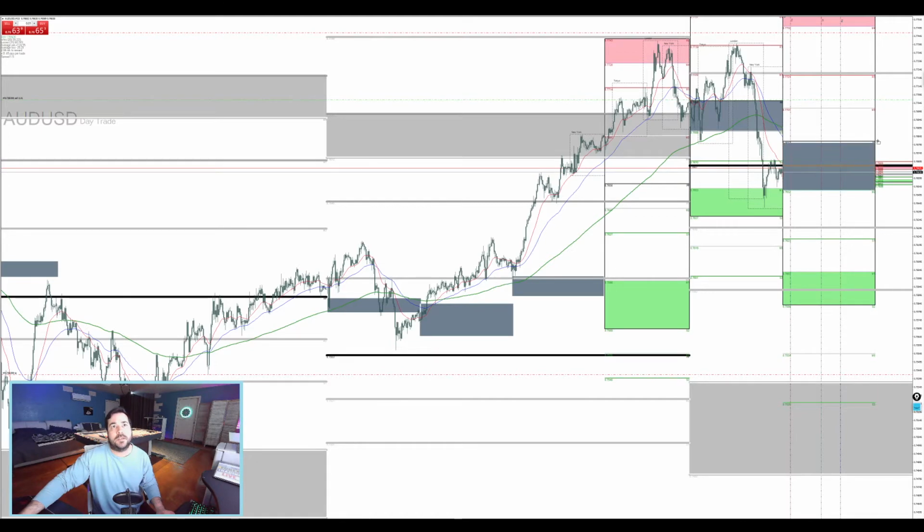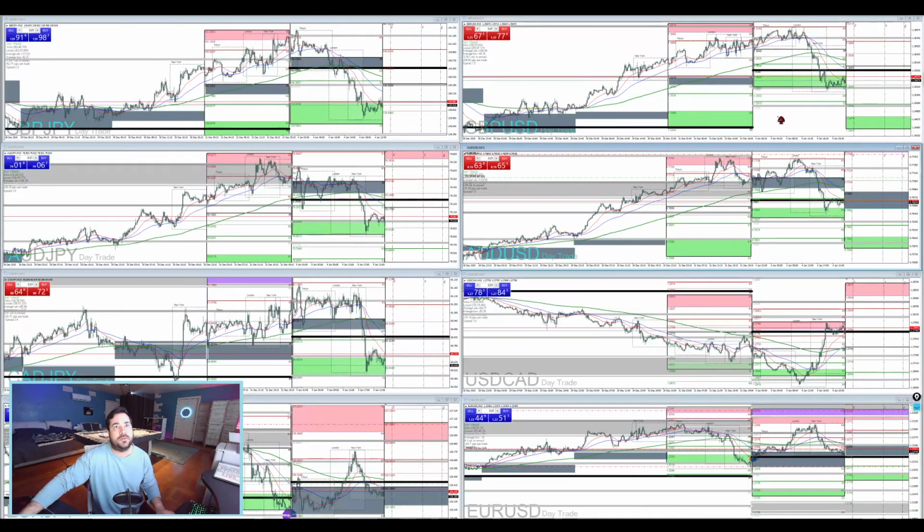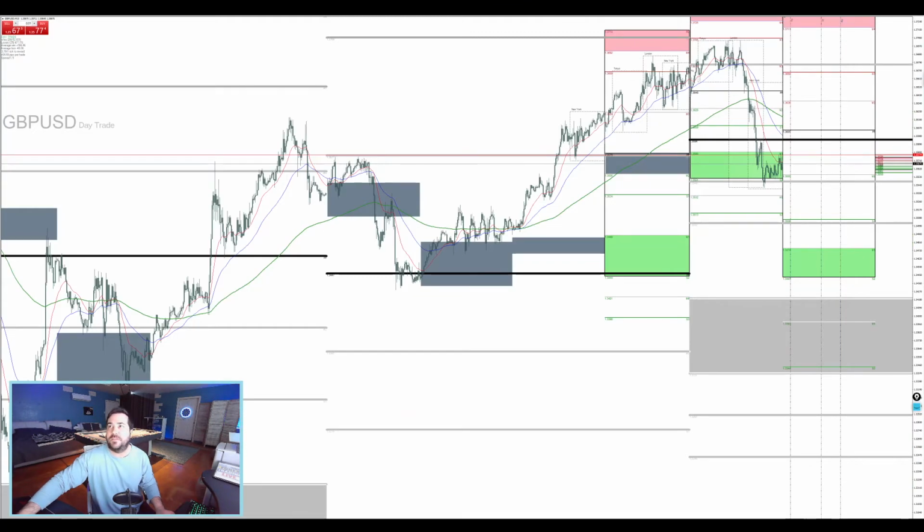Later on this session, which is tomorrow's session. Tomorrow's session is now. All right, and this one as well. We'll see if the trade setup holds throughout the night.